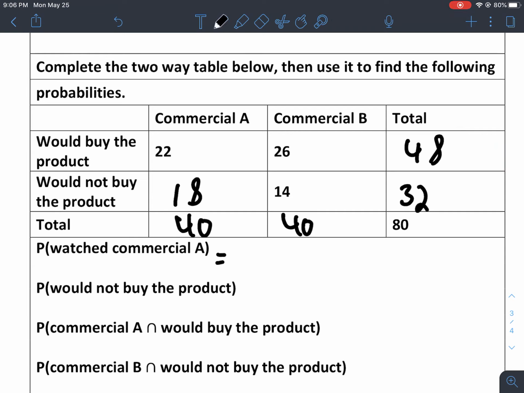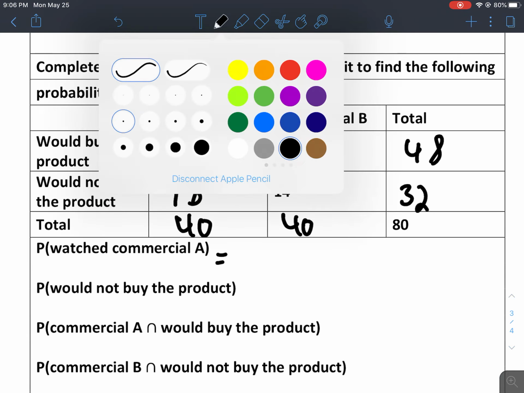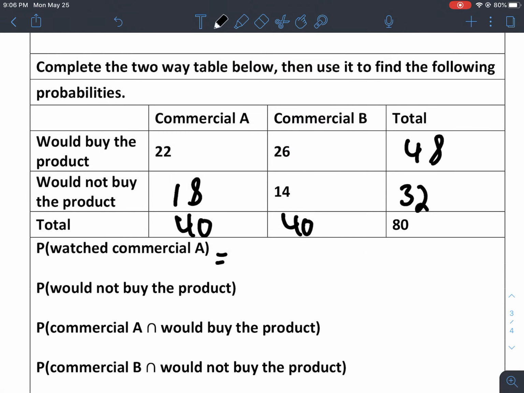So, the probability that someone in this focus group watched commercial A is going to be the number of people who watched commercial A, 40, out of the total, 80, which is 1/2. So half the people watched commercial A. What's the probability that someone would not buy the product?